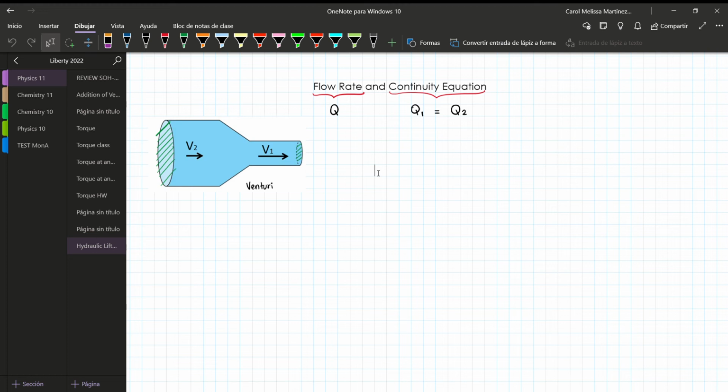So, in this one, we're going to need to know not just the velocity, but also something to find the area of the pipe. For example, they could tell you the diameter or the radius, or directly they can give you the area, okay?